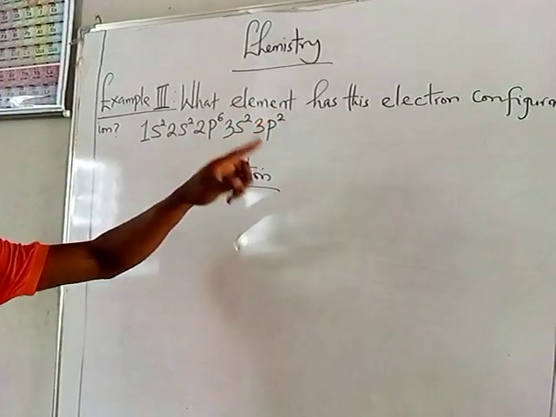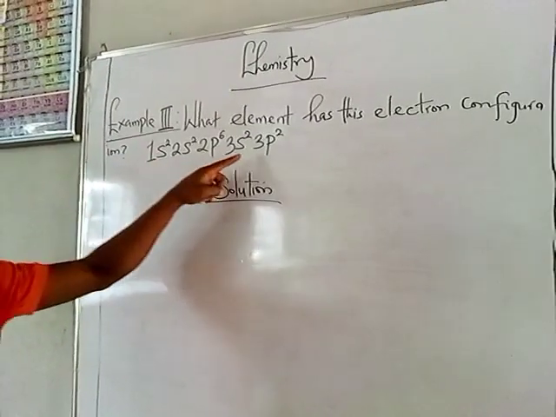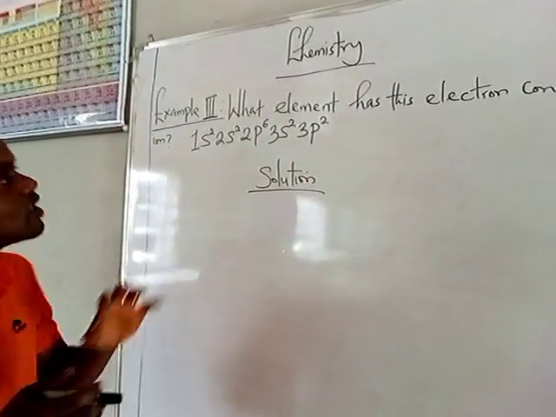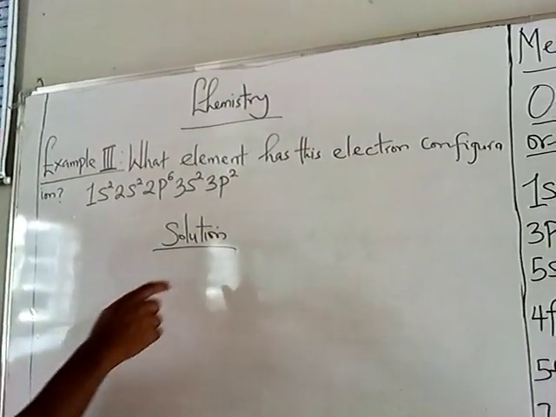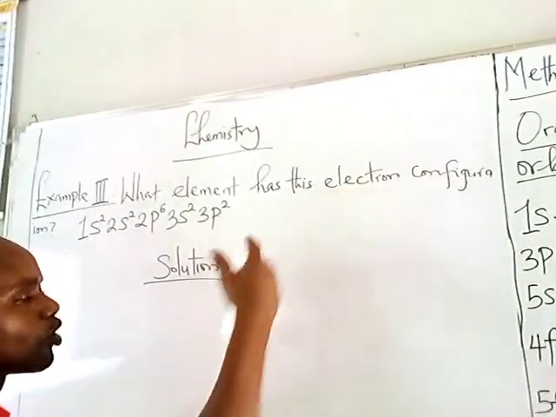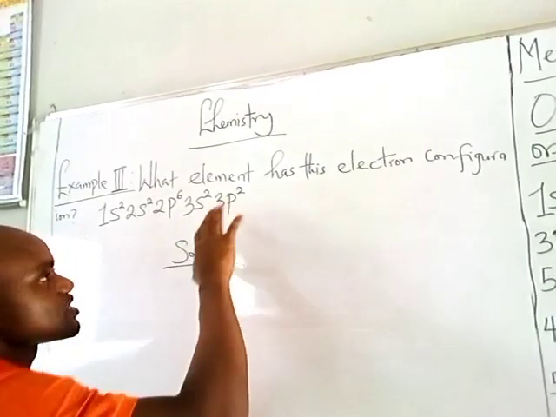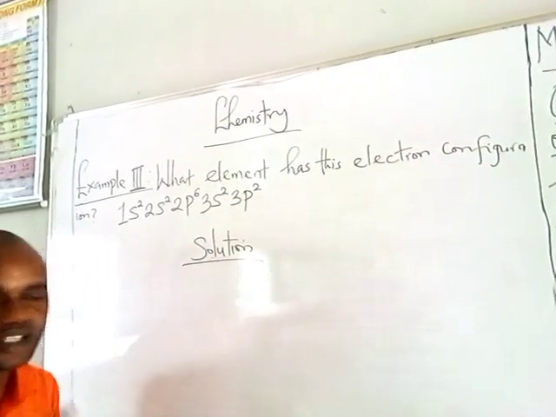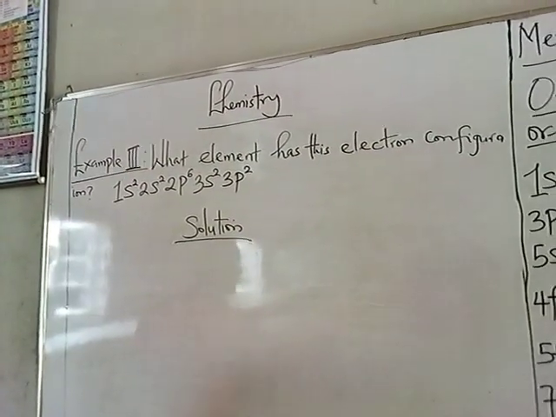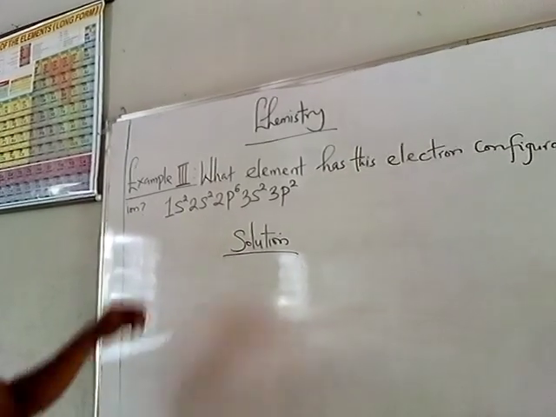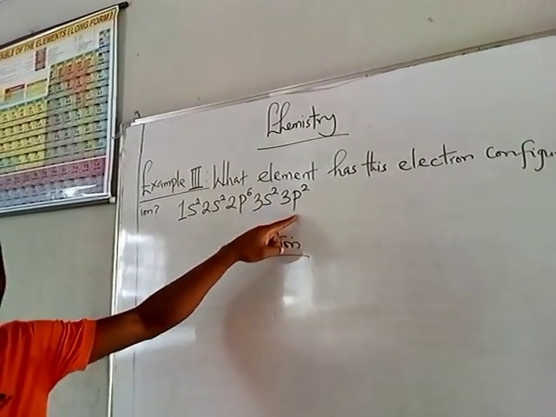Previously I said when they use the word electron or electronic or orbital, they are still the same thing. They are just using that to confuse the students. Now they have given us the electron configuration.